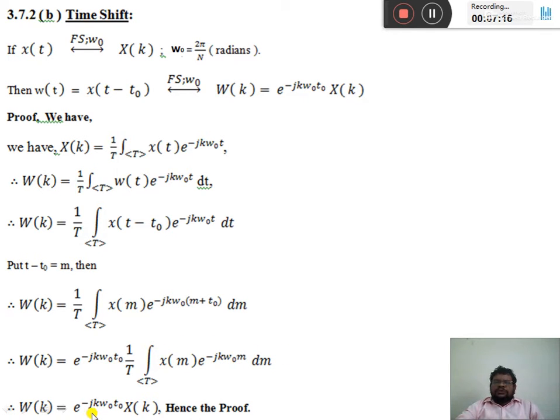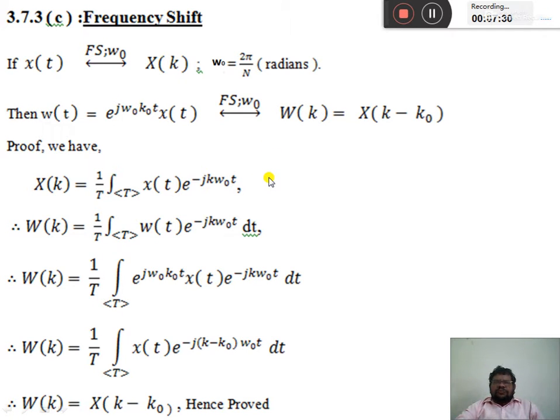So w of k is equal to e to the power of minus j k omega naught t naught into x of k. So if it is a time shift in the time domain, in Fourier series, in the frequency domain there will be a frequency shift. So here in the time domain, if it is a frequency shift, okay, in the time domain itself is the frequency shift.